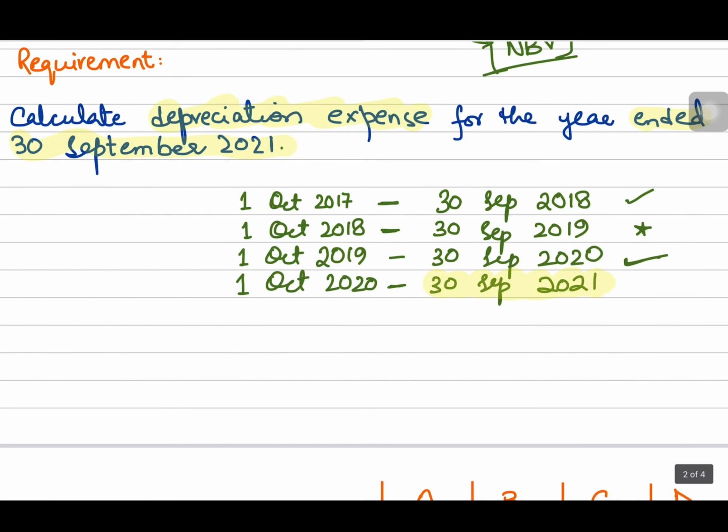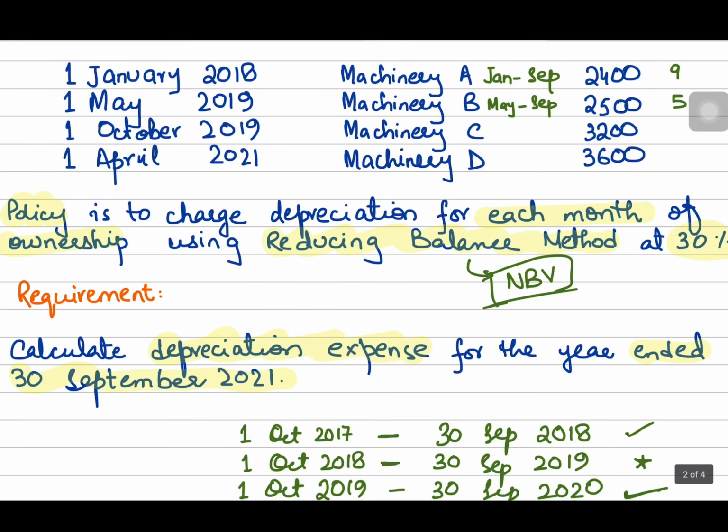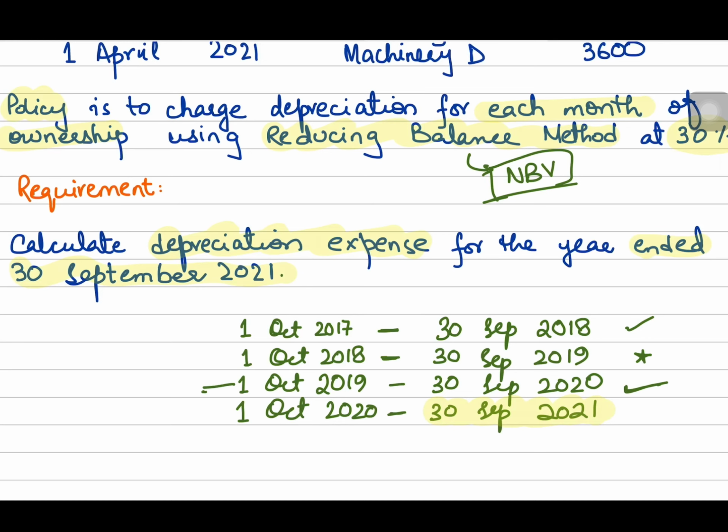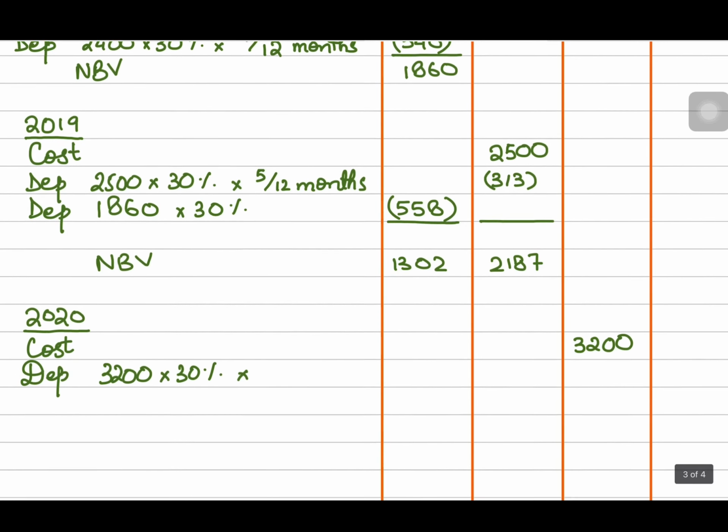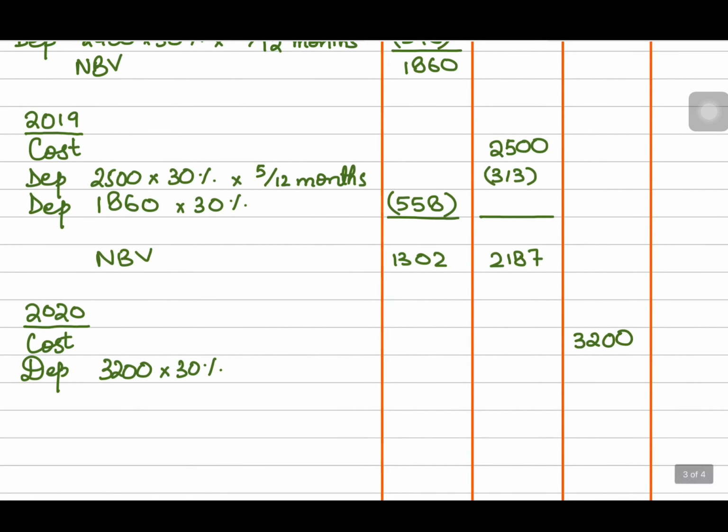Because this is being purchased on the first date of the financial year. So it will remain in my business for the full 12 months, and I don't have to prorate it according to the months. Rather, 30% will be directly multiplied with the cost. That makes it a depreciation of 960, right?